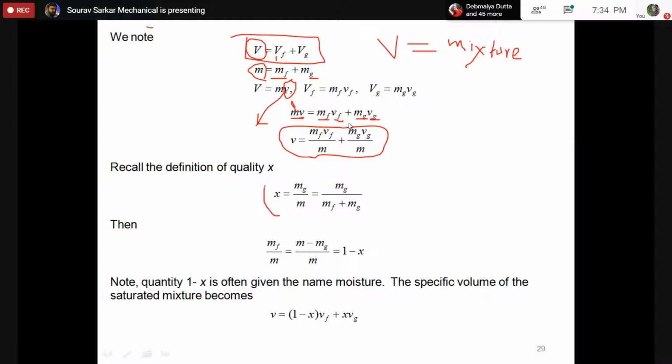Now if I implement this, my x equals mg by m equals mg by mf plus mg. So I can write that mf by m is nothing but 1 minus x.